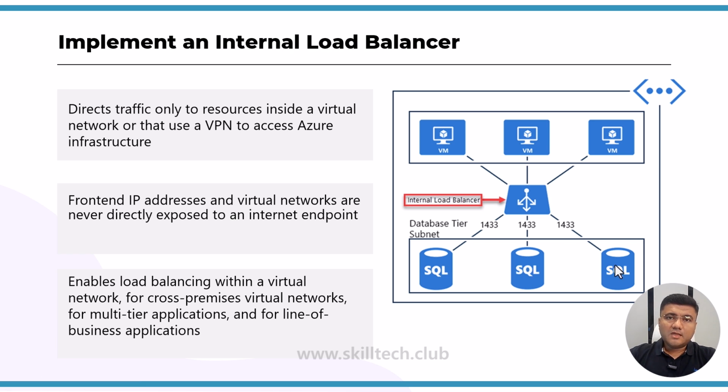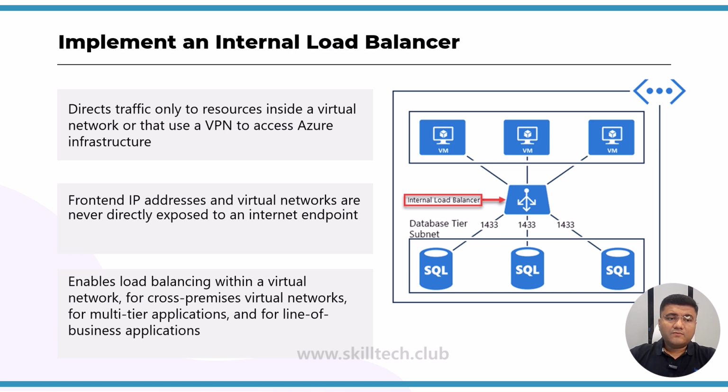This is a scenario where the internal load balancer is useful, because I do not want to expose my database tier publicly to any internet providers. That's the reason port 1433, which is the default port for SQL Server, is also mentioned, and using that we are going to associate with this.